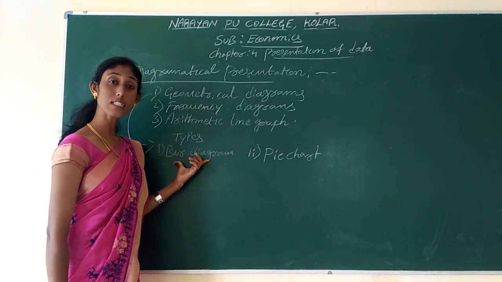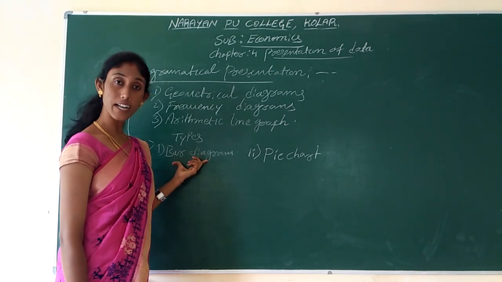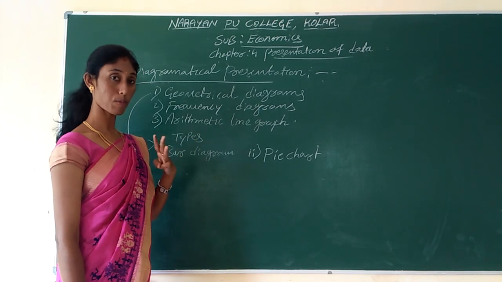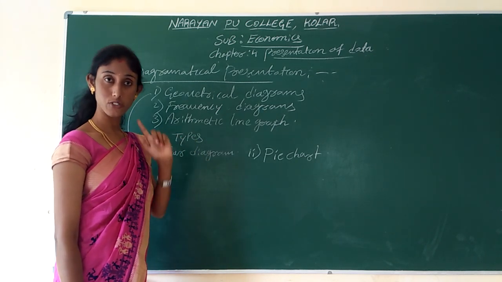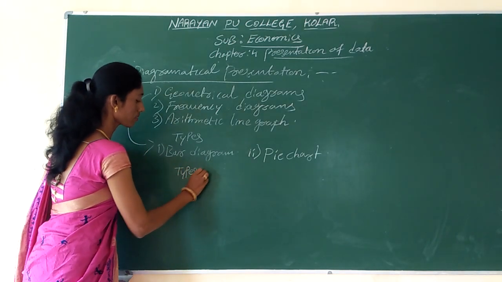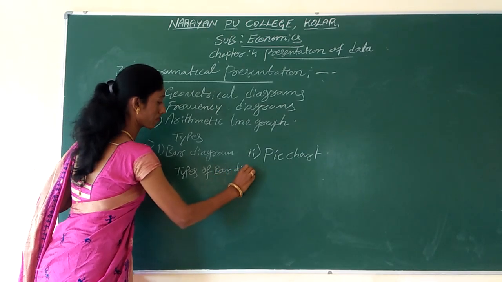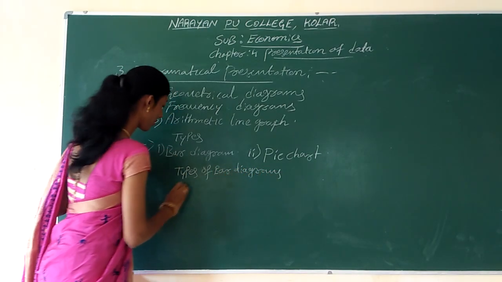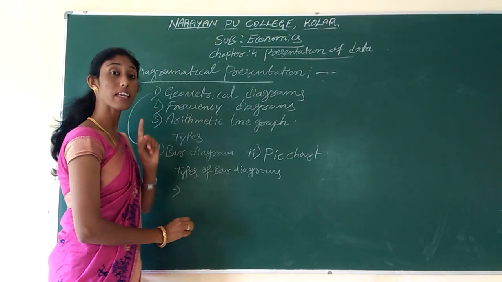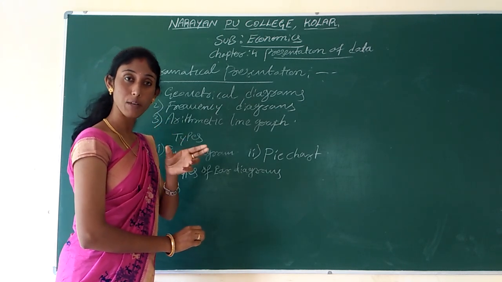But here, to present bar diagrams, there are different kinds. Among them, mainly we are going to discuss three types of bar diagrams in this chapter. The first is for single data or individual variable data.